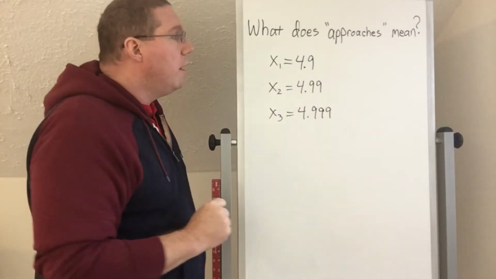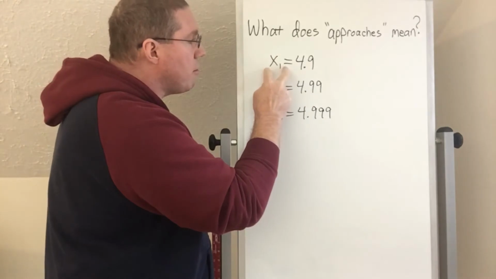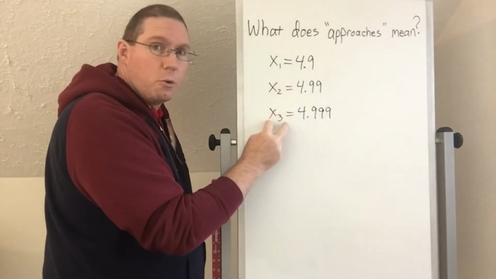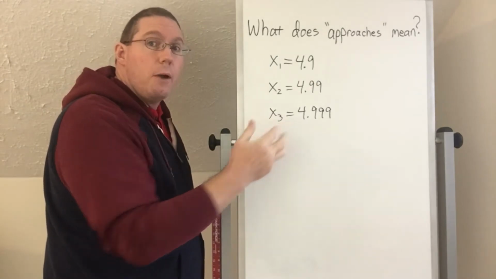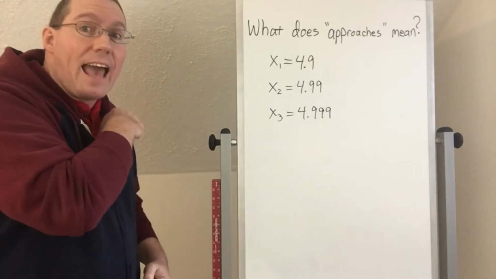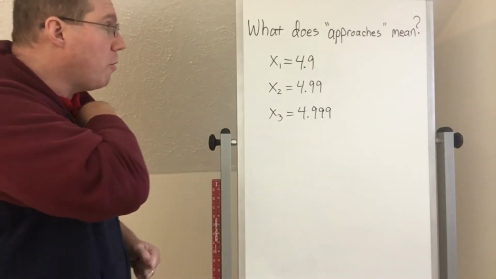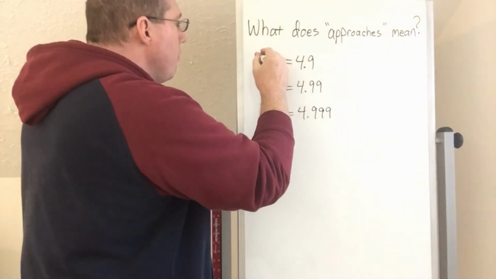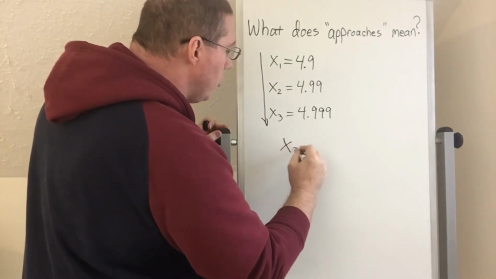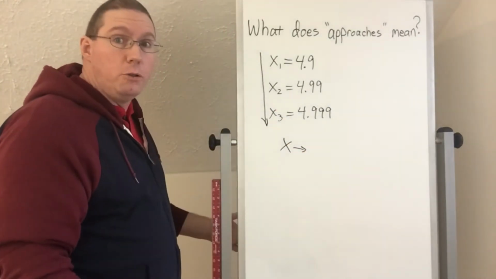Okay? So what's happening here is x is becoming incrementally larger with each subsequent x value. And what I want to know is, what number is x getting closer to? So as x gets incrementally larger and larger and larger, what value is x approaching?